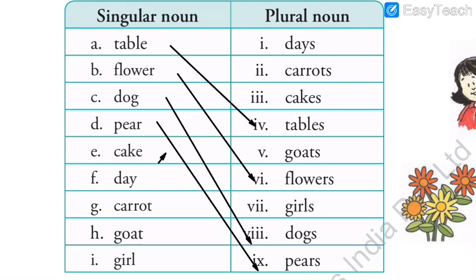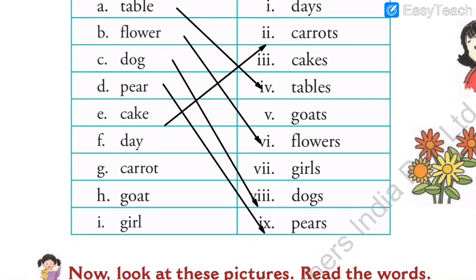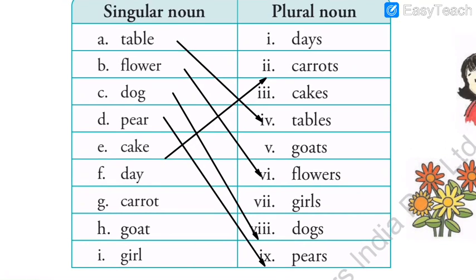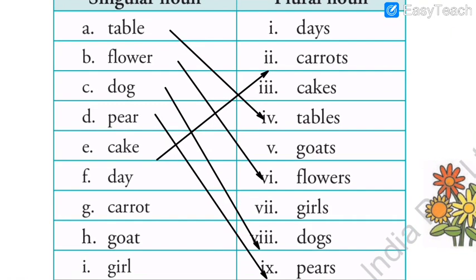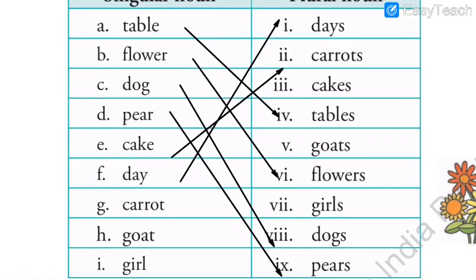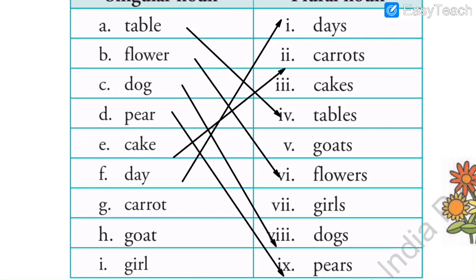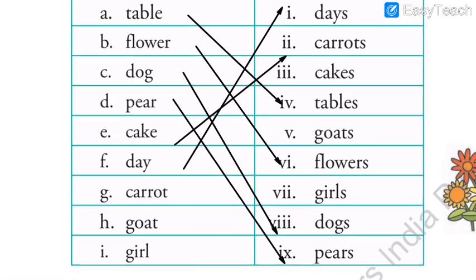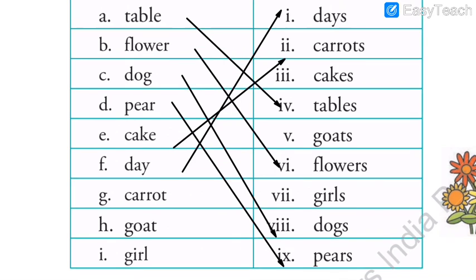Cake, it is my favorite, by the way, students, let me tell you. Cakes. Now what could be the answer for day? Yes, there is one holiday and there are 2 holidays. You have got a lot of holidays in this COVID-19 situation. So almost you have enjoyed a double vacation, correct? Okay, what could be the answer for this G, carrot?